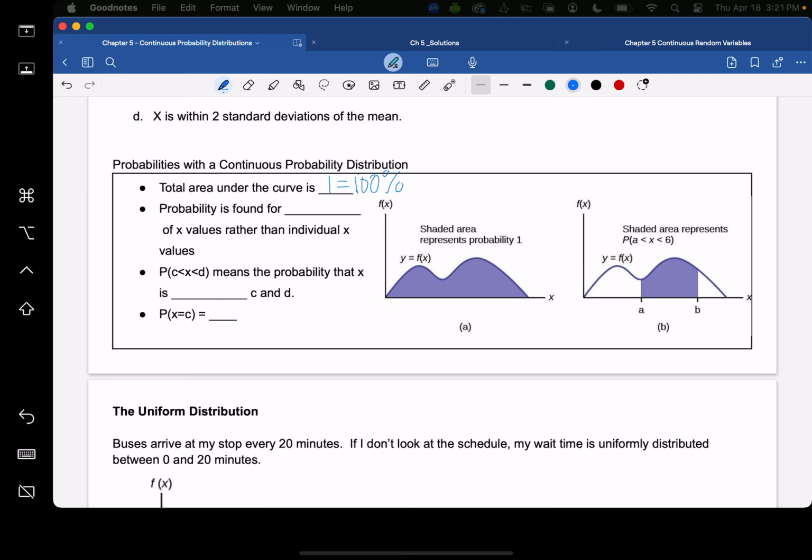Probability is found for ranges of x values rather than individual x values. Okay, the probability c less than x less than d really means the probability that x is between c and d. And finally, the probability that x is an actual specific number is 0.